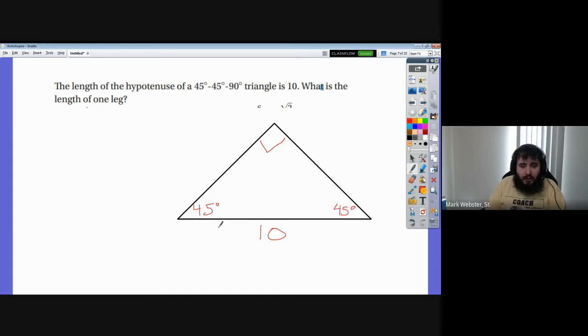Draw a picture. It helps. So we've got this is 10, and we're going from the hypotenuse to the leg, so we are dividing by radical 2. Well, what is 10 divided by radical 2? Once again, rationalize the denominator.